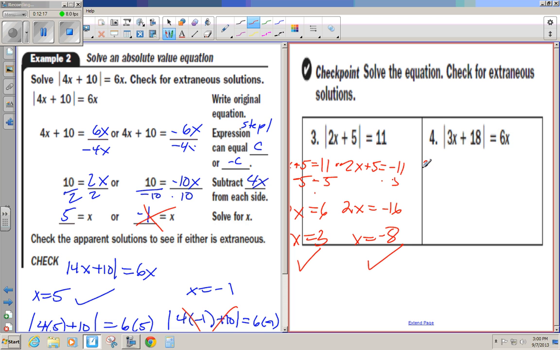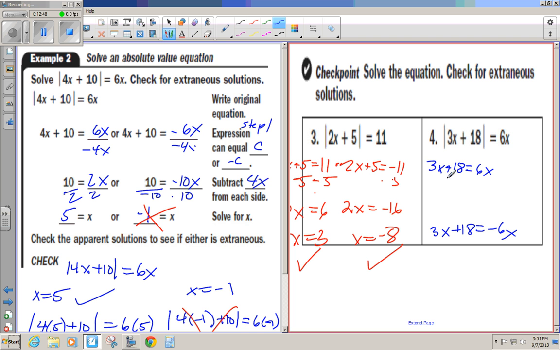All right, so 3x plus 18 equals 6x, or 3x plus 18 equals negative 6x.